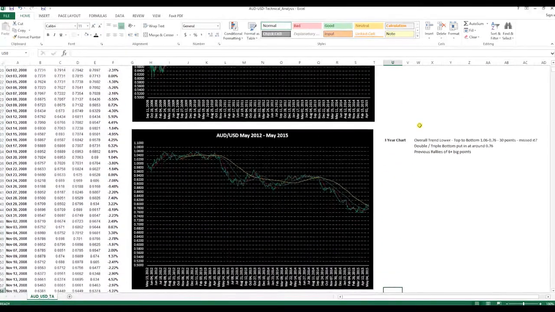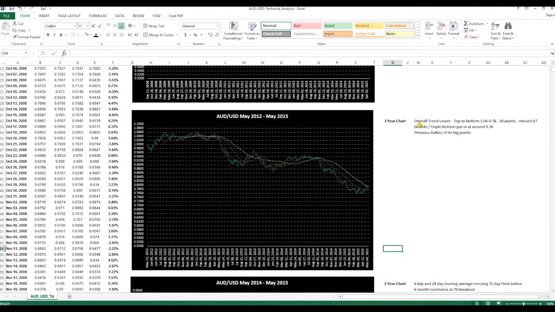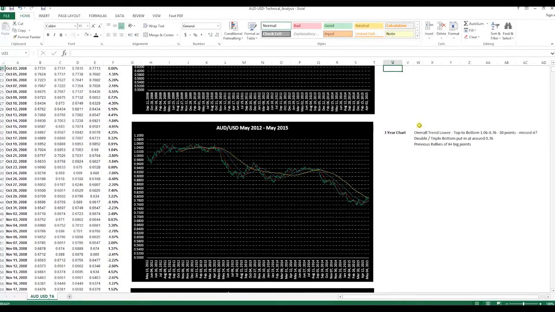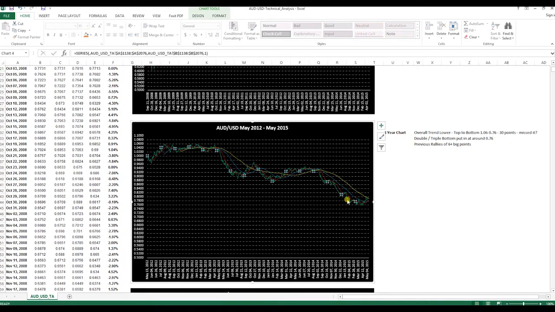If we scroll down and look at the 3-year chart, what are we noticing here? Well, the first thing we notice is that in the last 3 years, so since May 2012, the overall trend has been down. One thing you can do if you want to work out what the overall trend is very quickly, you can just select the data of the chart.